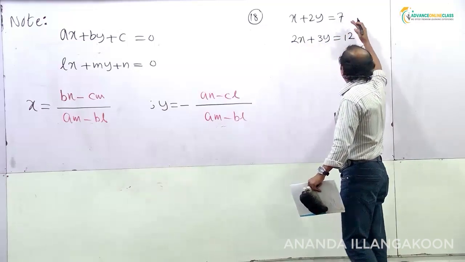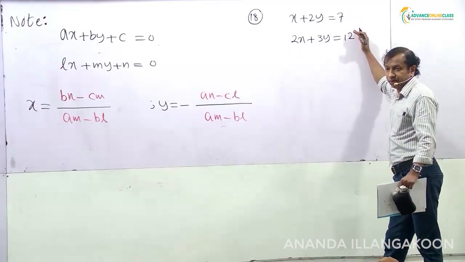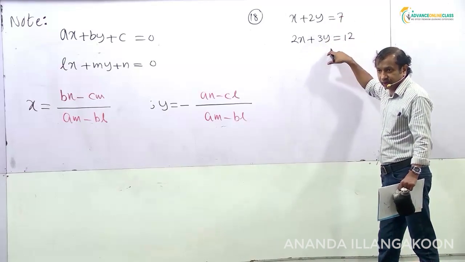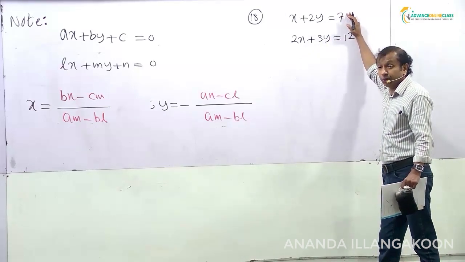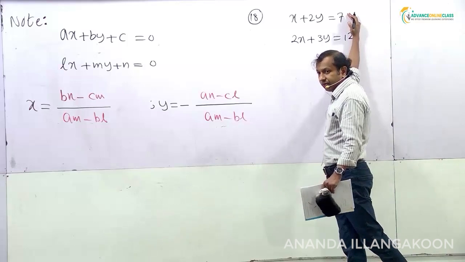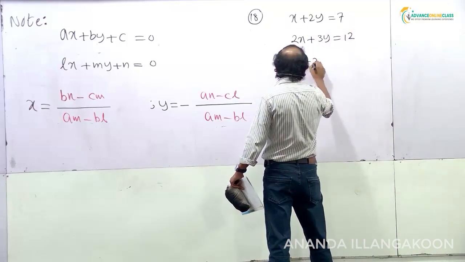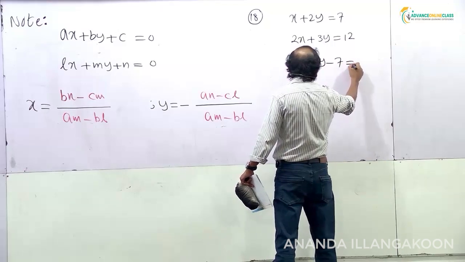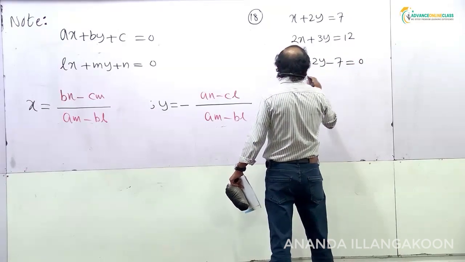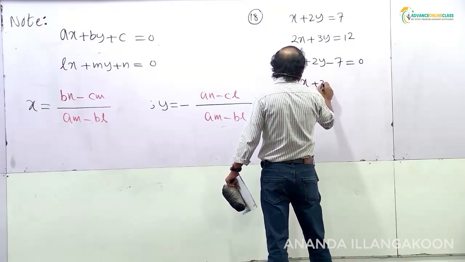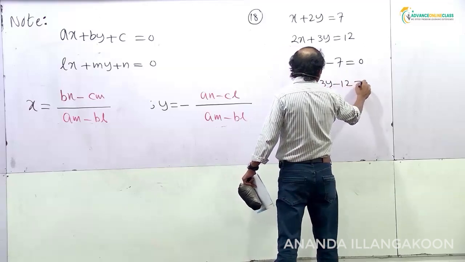This way, once you keep the equations, you can't apply this. You have to bring the right hand side things to left. And on the right hand side, we should have only 0. Rewrite this and take the answers. No need to put 1 and 2. No longer do we use that method you already know. 2x plus 3y minus 12 equals 0.